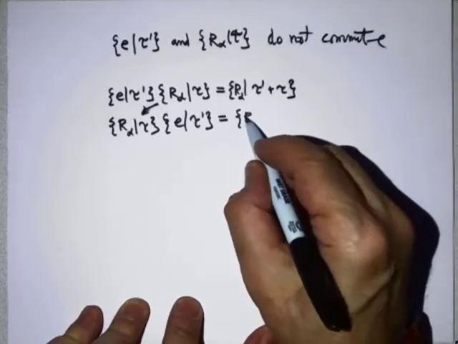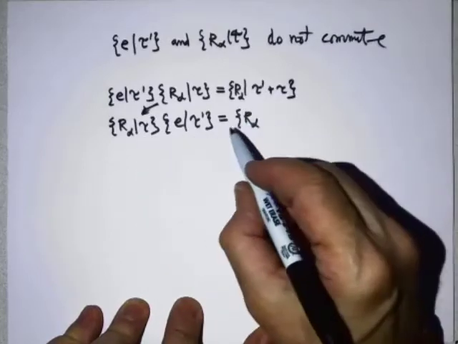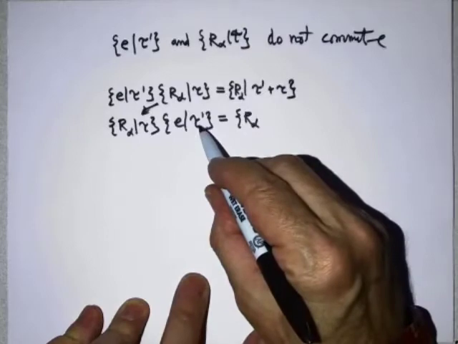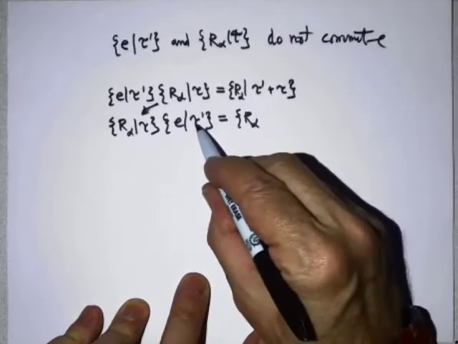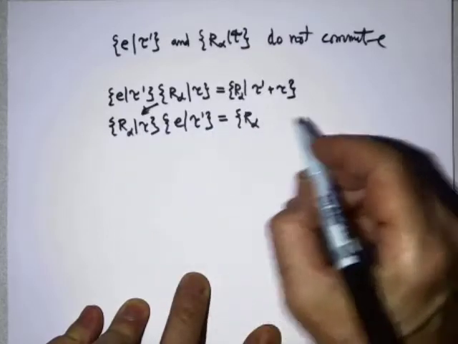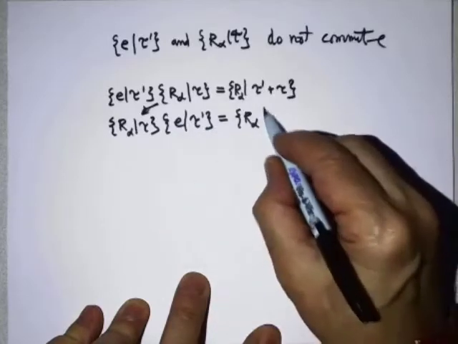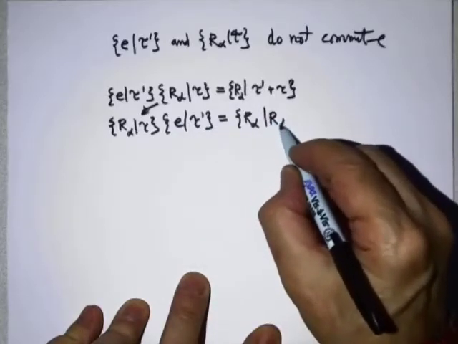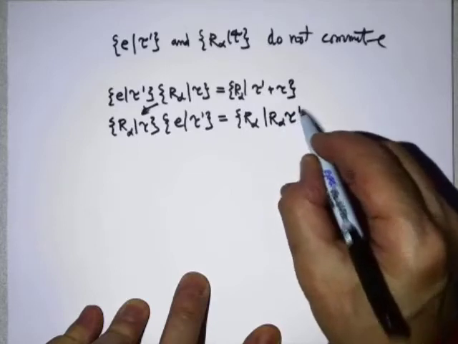And clearly these are not the same elements, so the elements don't commute. That's fine. We know what to do with non-commuting groups.